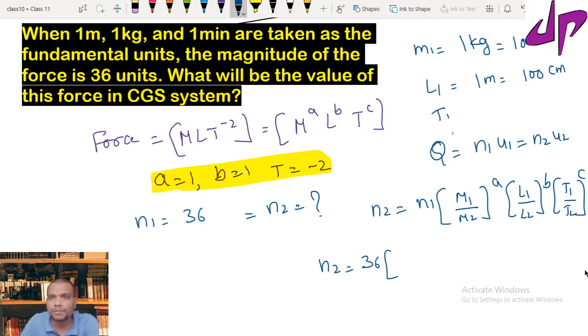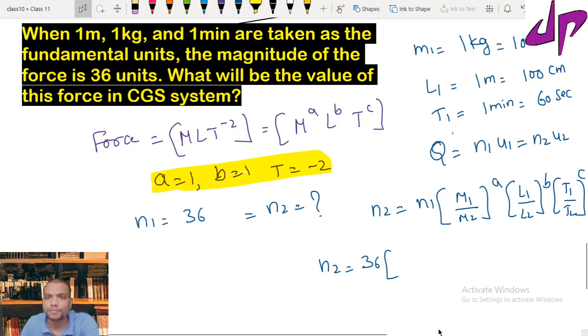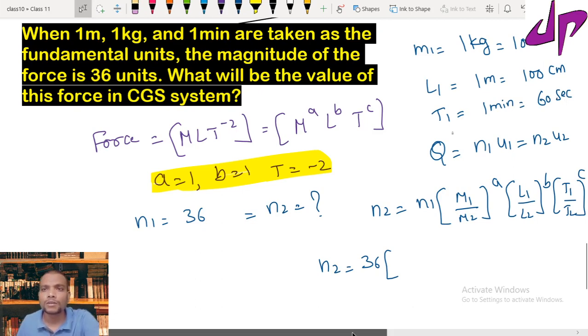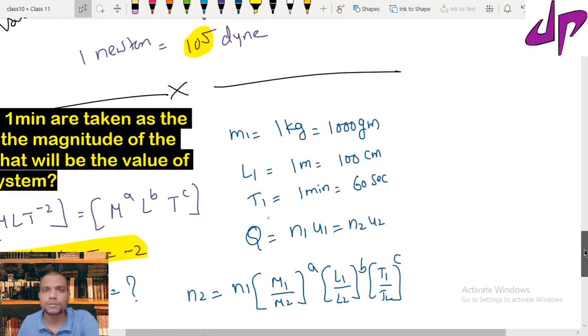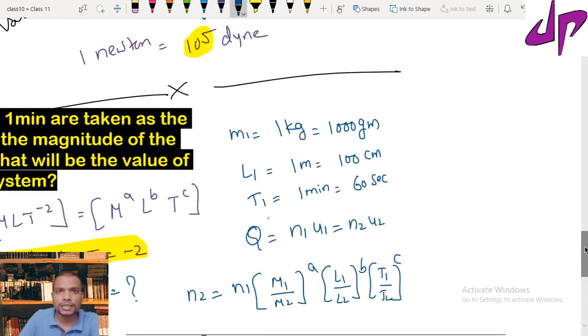And time T1, which is given as 1 minute, gives 60 seconds. So these are the units in the SI system.